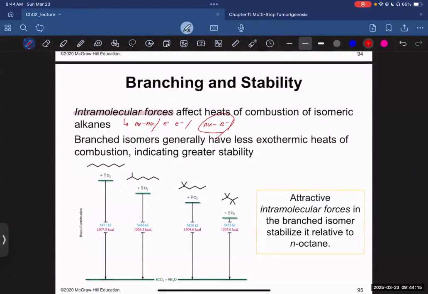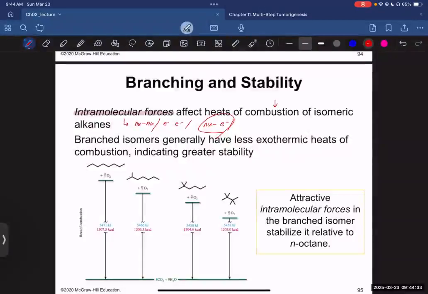As a result, this intramolecular force allows the heats of combustion to be lower, and therefore these branched alkanes are much more stable compared to their linear counterparts.